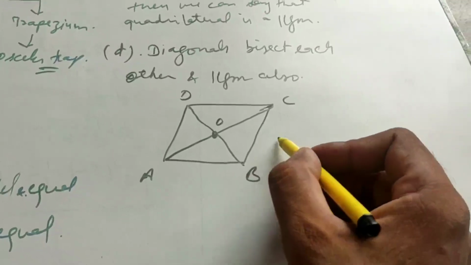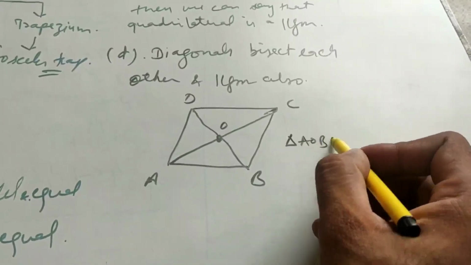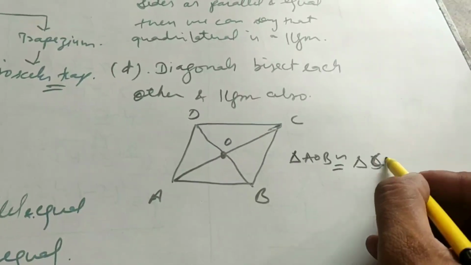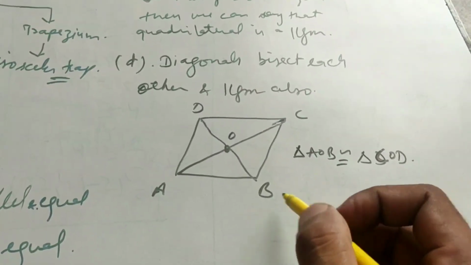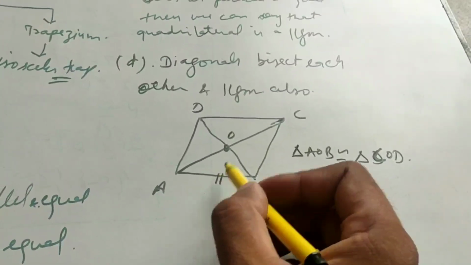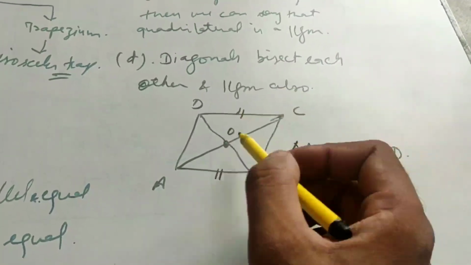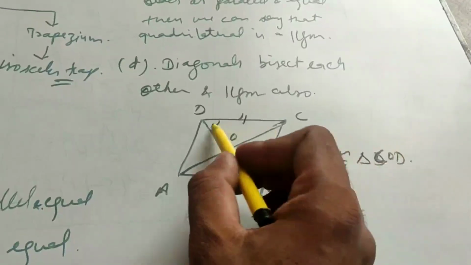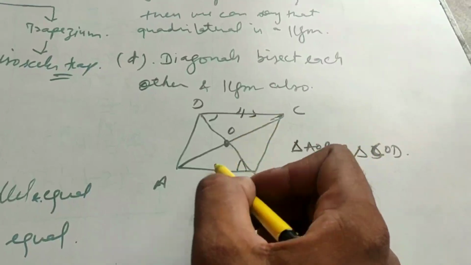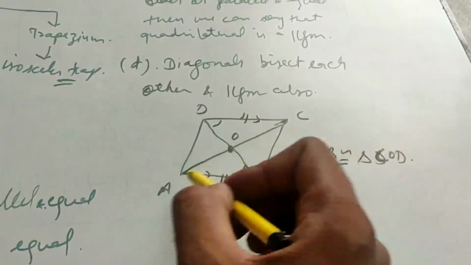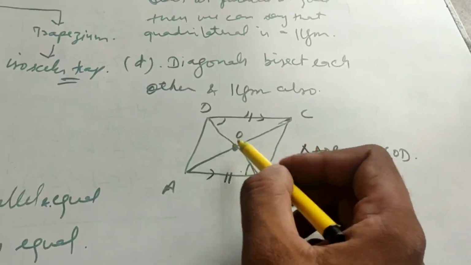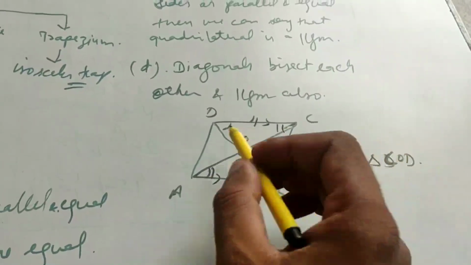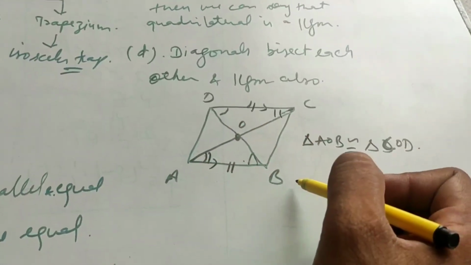For that, we can prove triangle AOB congruent to triangle COD. How are these congruent? We know that these two angles are equal because they are alternate angles, because the lines are parallel. Because ABCD is a parallelogram, AB and CD are parallel and equal. So these two angles are equal because they are alternate. Similarly, this pair and this pair are equal, again because they are alternate angles.